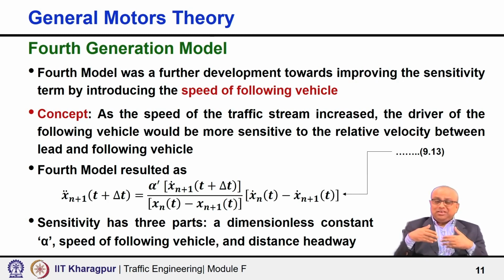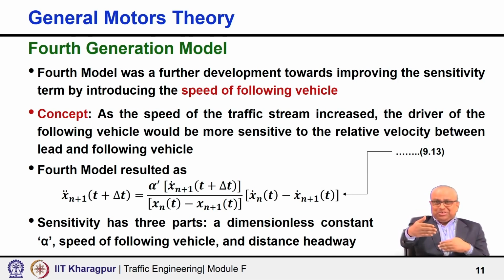Sensitivity, obviously, depends on the distance between the lead vehicle and the following vehicle. If I am closer, my response sensitivity will be high. If I am at a distance, not so close, my sensitivity will be low. But it is not only the distance, but also the speed of the following vehicle.